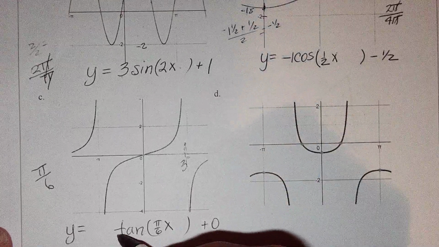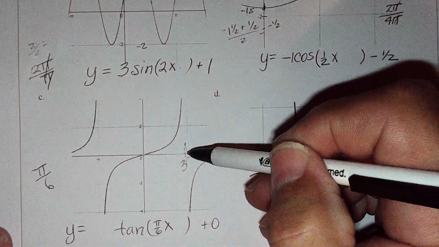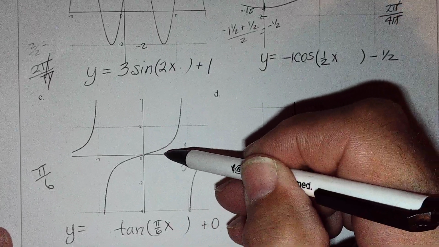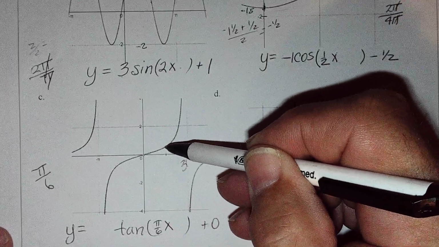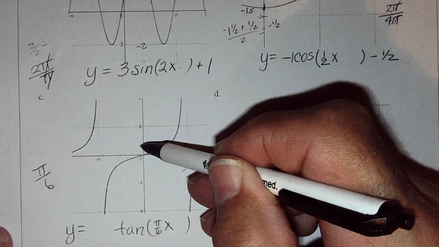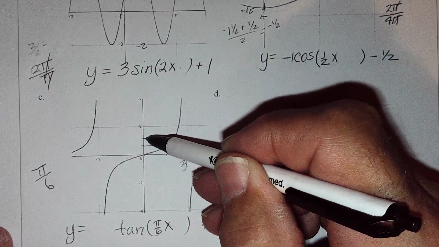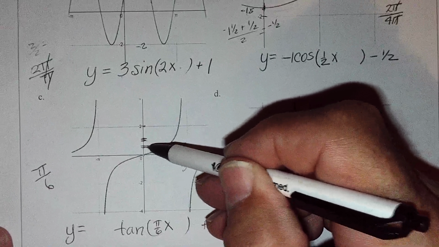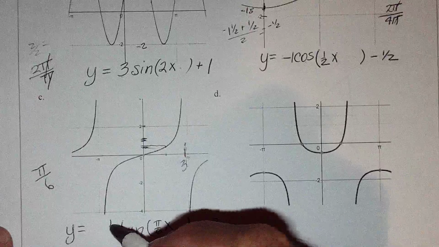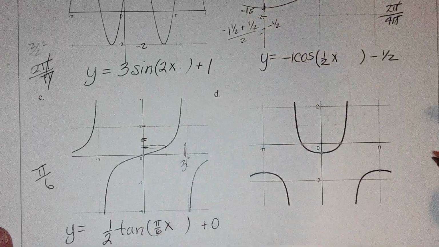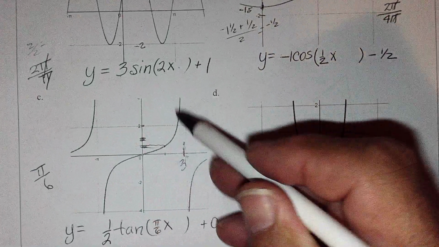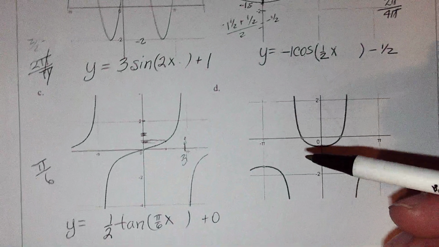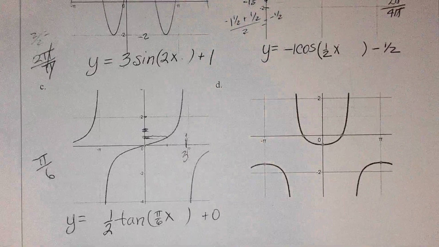And the amplitude, well, not really the amplitude, but we go halfway between 3 and 0, which is 1.5, and it looks like it's up at 1/2, not 1. There's 2, there's 1. Looks like it's about 1/2. So my estimate is going to be 1/2, and it's going this way, not this way, which would be a negative tangent. So that's my estimate for that one.